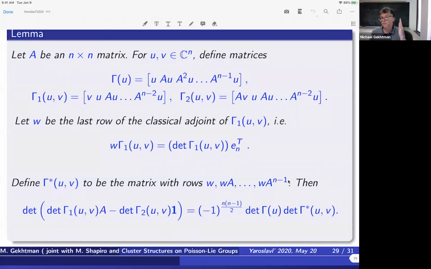So this Poisson torus is replaced by a quantum torus, and Berenstein, Zelevinsky, Fock, and Goncharov defined an appropriate adjustment of cluster transformation to this situation.